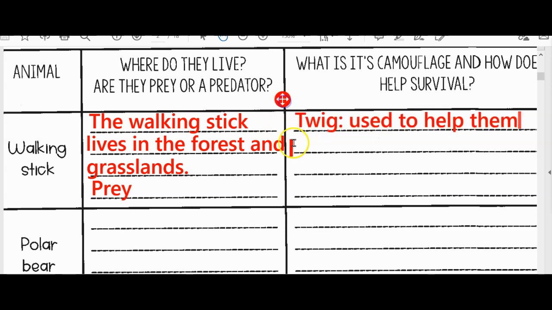Starts with letter B? Blend. To help them blend into branches and twigs.